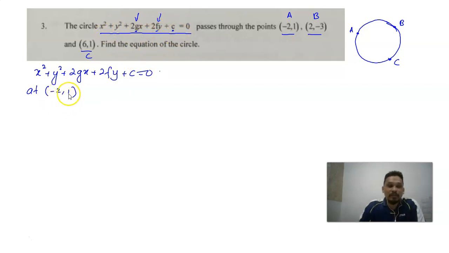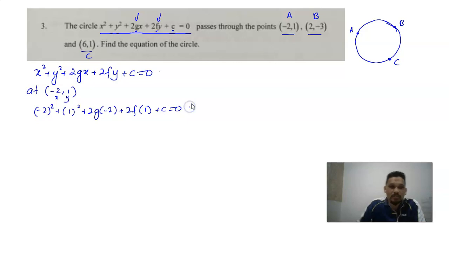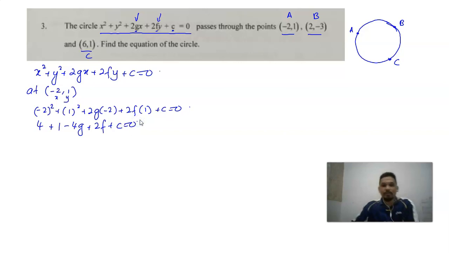So the points are given, and we have to find the proper general equation. At the point (-2, 1), this is x and this is y. So it is (-2) squared plus 1 squared plus 2g times -2, plus 2f times 1, plus c equal to 0. (-2) squared is 4, plus 1 squared is 1, 2 times -2 gives -4g, 2 times 1 gives 2f, plus c equal to 0.